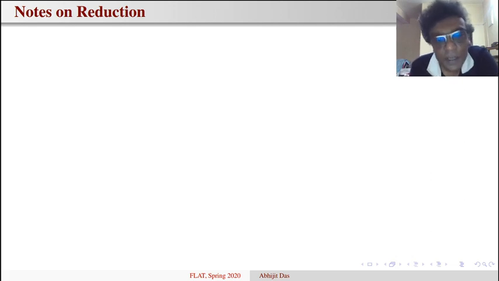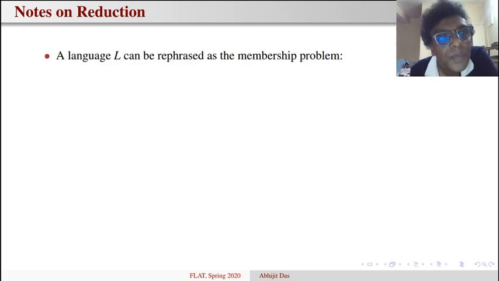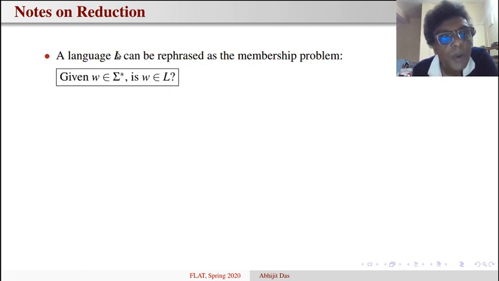Yeah, so reduction is a very powerful tool and you have to use it with caution. Definitely, we are talking about reducibility of languages. We can also talk about the reducibility of problems. In fact, we can always identify a language L by the membership problem. Given w in sigma star, is w in L?